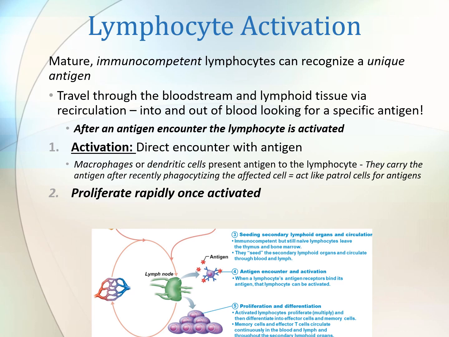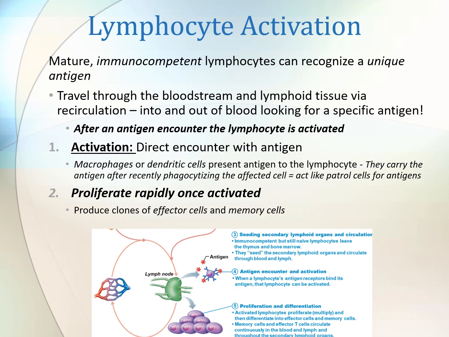So they act like these patrol cells for the lymphocytes and say, hey, look what I found over in this tissue. Is this what you're looking for? And then they tell them, hey, it's over here. And then that lymphocyte becomes activated. So what happens is that the lymphocytes proliferate, meaning they divide very rapidly once they're activated, okay?